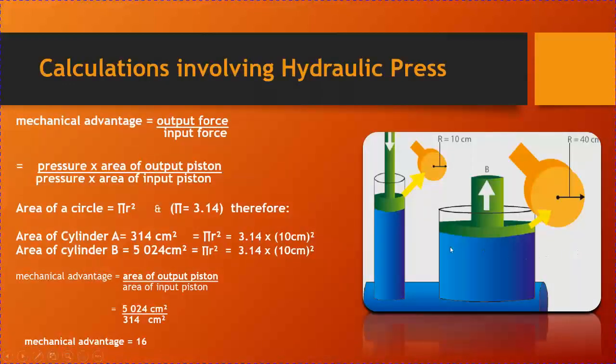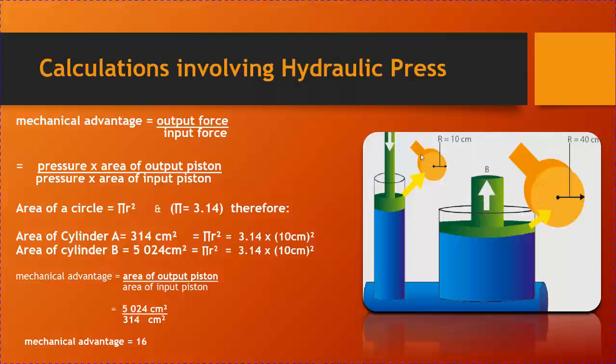Now we come to our calculations. I want you to please notice that in your textbook diagram, this is not a camshaft. This is showing you the radius of this piston. The radius of this piston is 10 centimeters. The radius of this piston is 40 centimeters.